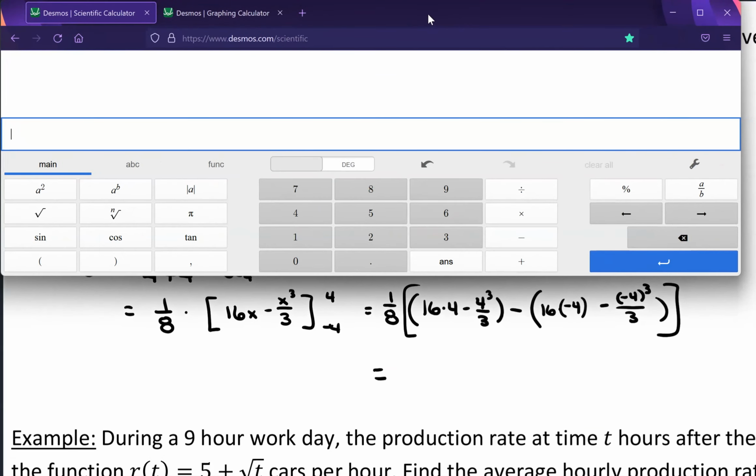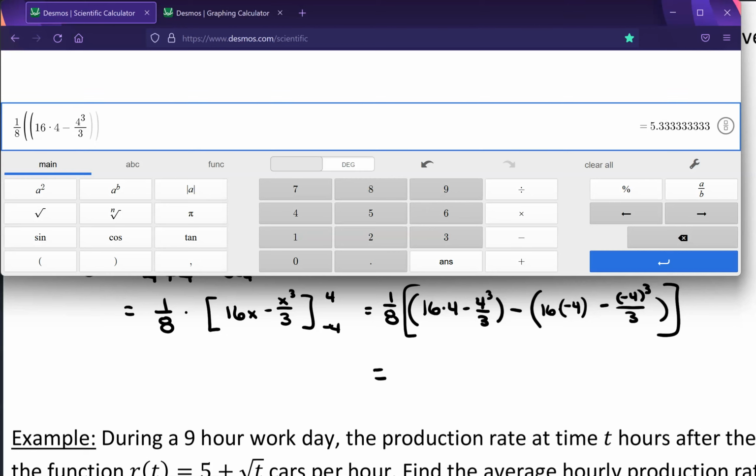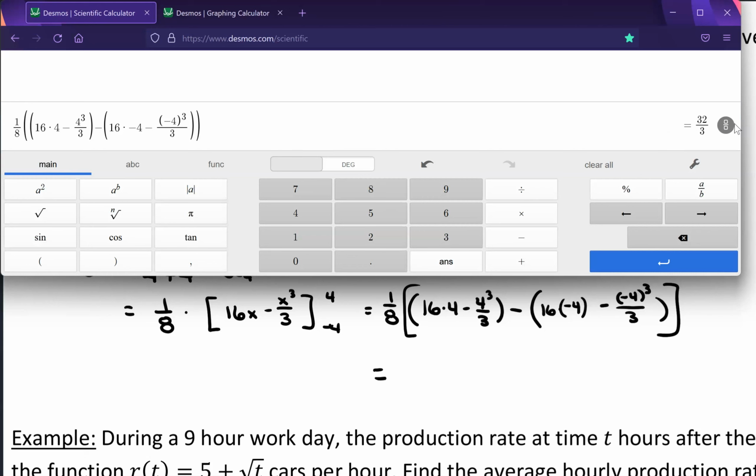We're going to have this 1/8 on the outside, and then inside the parentheses 16 times 4 minus 4 cubed over 3. Close those parentheses, then minus, still in the parentheses multiplying with the 1/8, 16 times -4 minus -4 in parentheses cubed over 3. And we're getting 10.67 or 10 2/3.